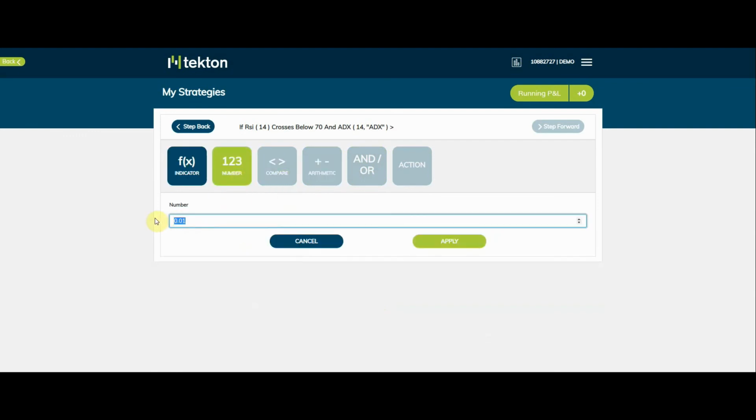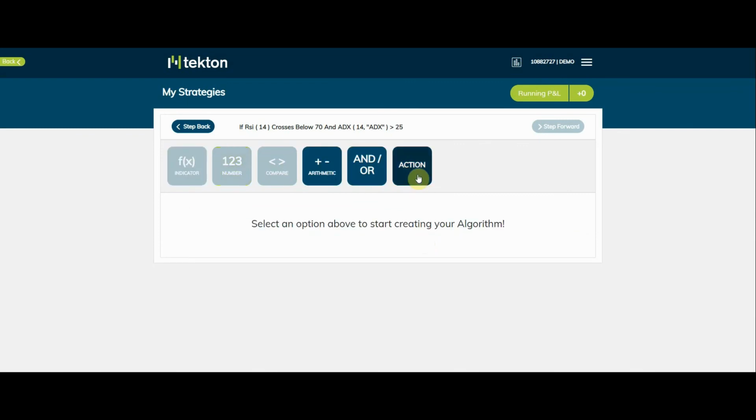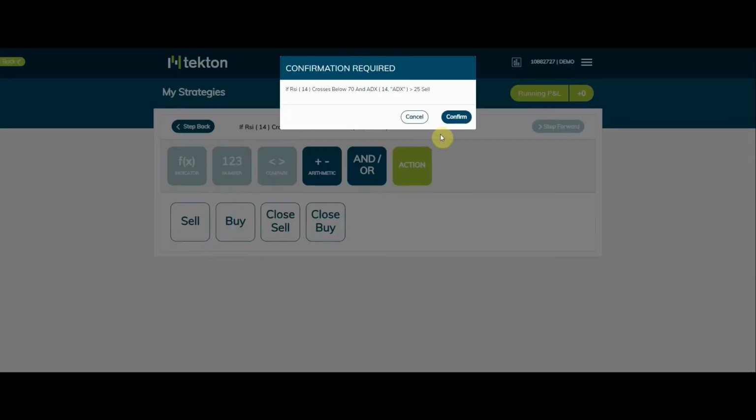It doesn't matter, because we want it to be more than 25 for the buy and the sell, because it's not measuring the direction, it's just measuring that there is movement. It's a momentum indicator. The action is to sell.